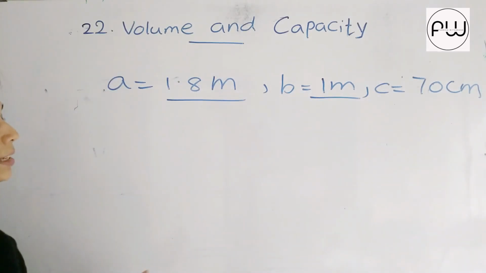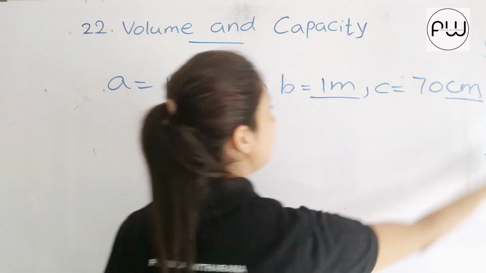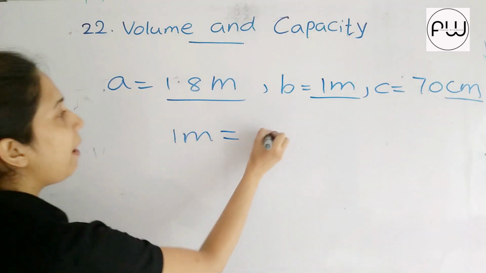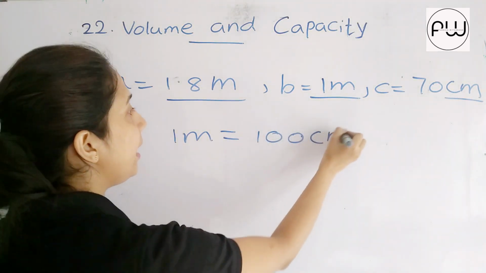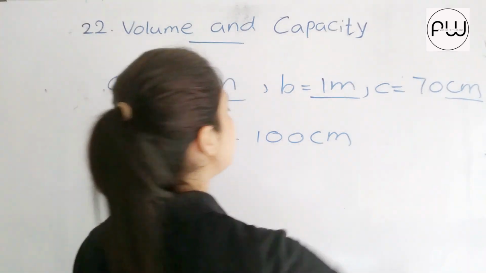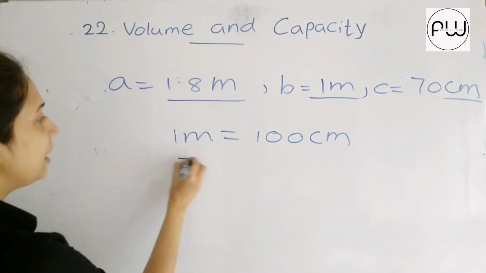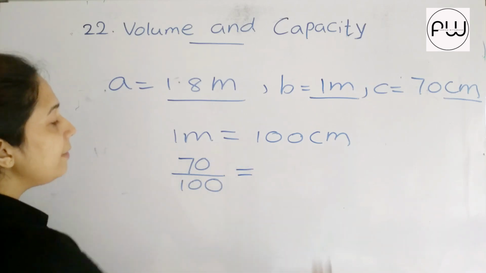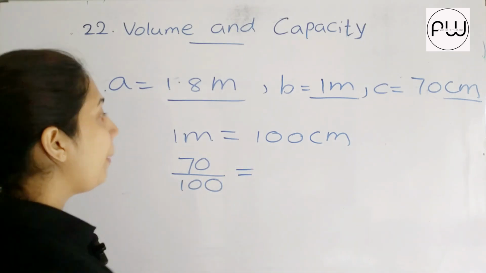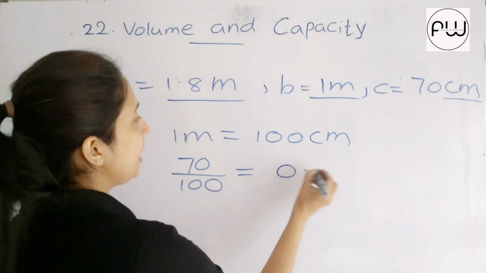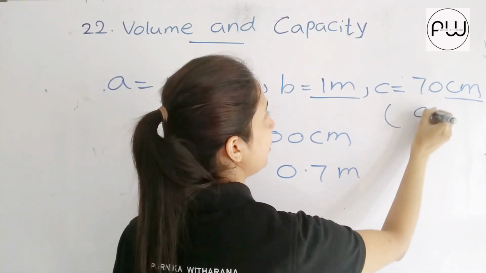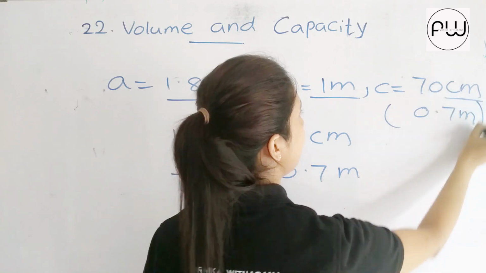So we should know the relationship between centimeters and meters. 1 meter equals 100 centimeters. Then how can we convert centimeters into meters? We can divide the centimeter value by 100 and easily convert that value into meters. Then it is equal to 0.7 meters.